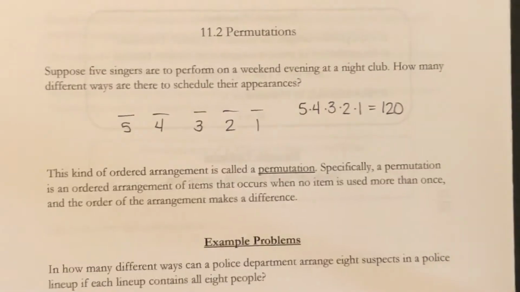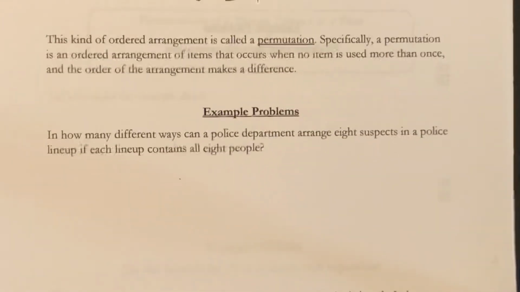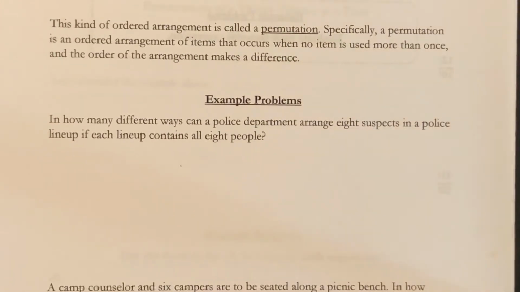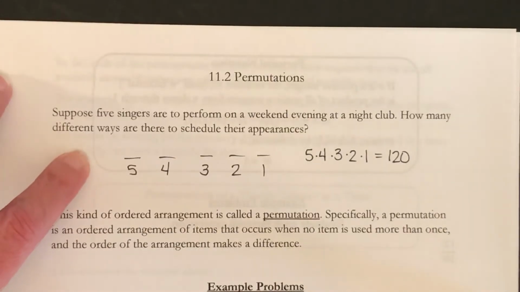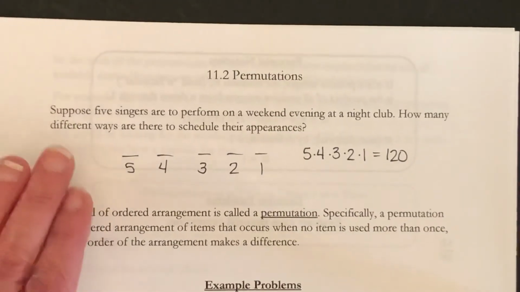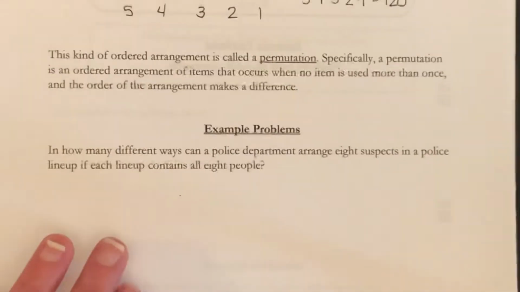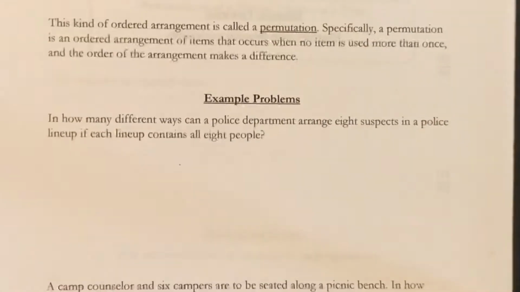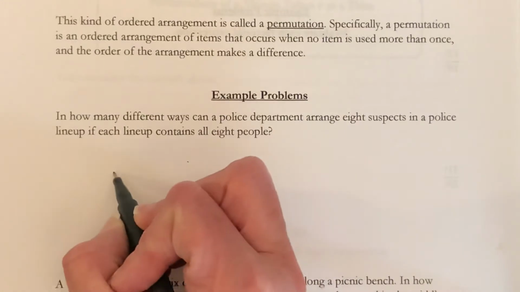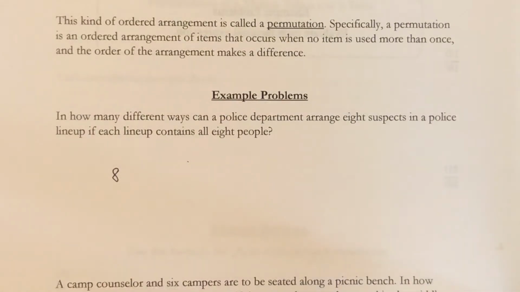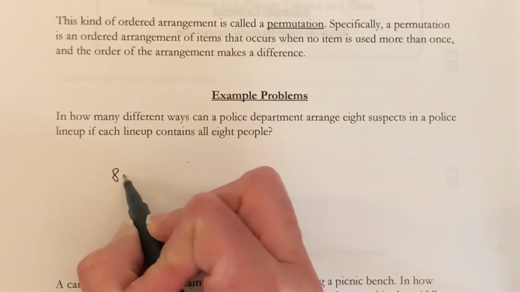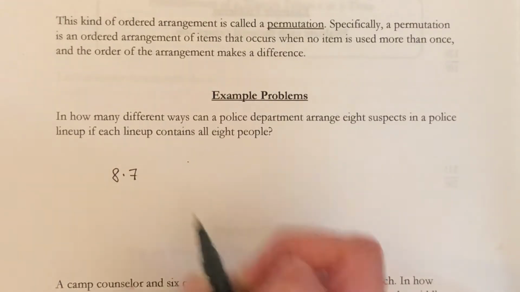Okay? In how many different ways can a police department arrange 8 suspects in a police lineup if each lineup contains all 8 people? Well, this is essentially the same kind of problem I have here. It's just instead of rearranging 5 people, I now need to do 8. So how many people can line up first? 8. How many can line up second after I've filled the first spot? 7.